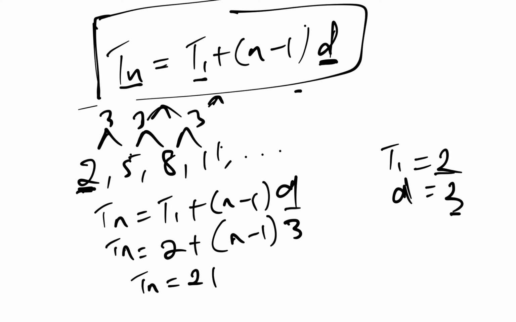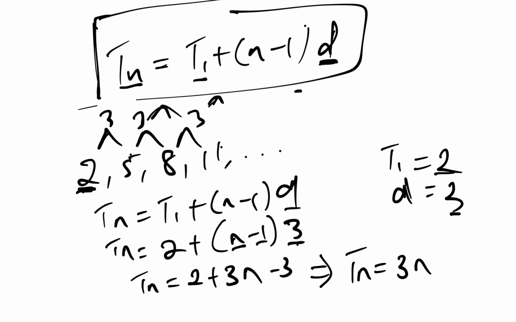Tn is equal to 2 plus 3, we open the bracket: 3 multiplied by n is 3n, 3 multiplied by negative 1 is minus 3. So our answer is Tn is equal to 3n, 2 minus 3 is negative 1. So that's our general formula to find the nth term of this arithmetic sequence.